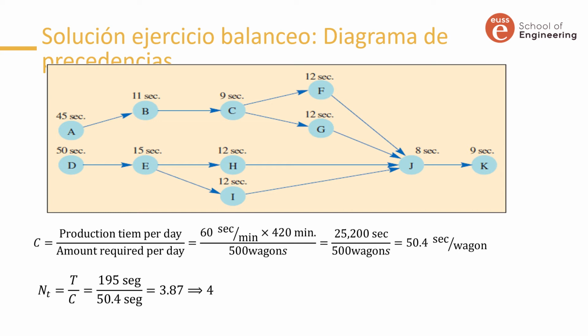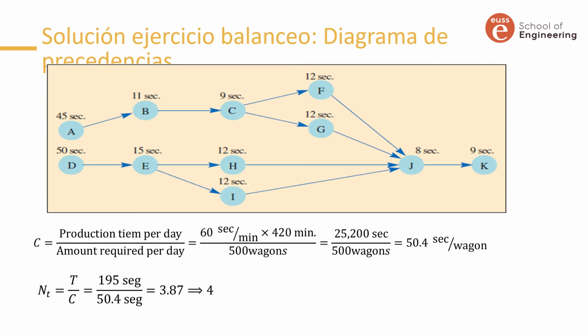All tasks that we assign to a workstation should not be more than 50.4. It could be less than that, but it shouldn't be more. Based on our decisions, we try to assign in the form that minimizes the downtime, the idle time, as we saw before.